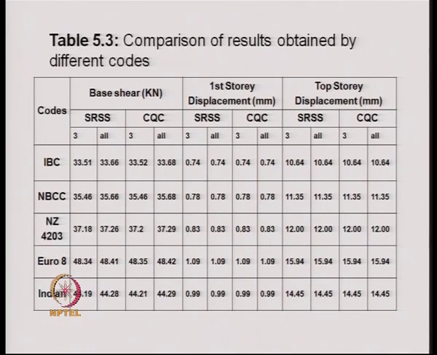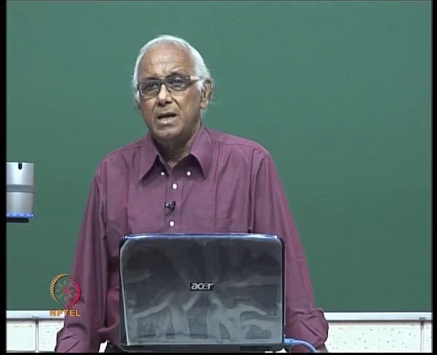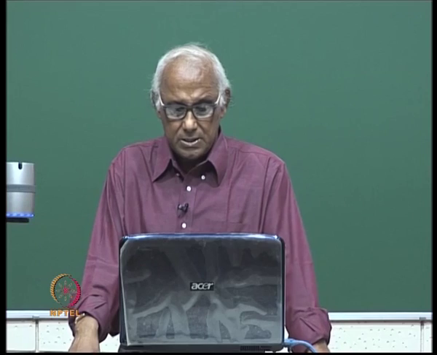Therefore, we can see that the values obtained using different codes could be different, and out of the 5 that we have compared, the Euro code provides the maximum values, therefore it is more conservative, whereas the IBC and the NBCC code are more or less the same, that is comparable.